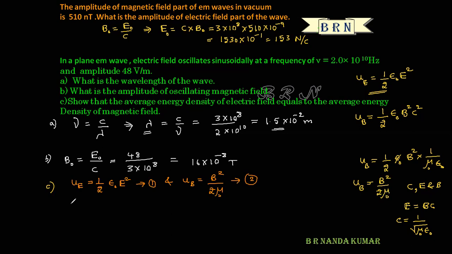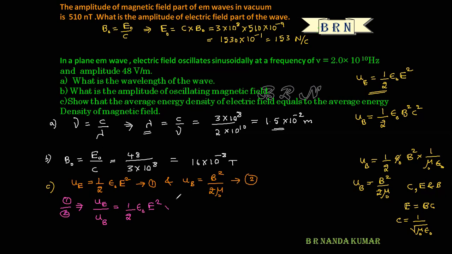So equation 1 divided by equation 2 implies UE divided by UB is equal to half epsilon naught E square divided by B square by 2 mu naught.